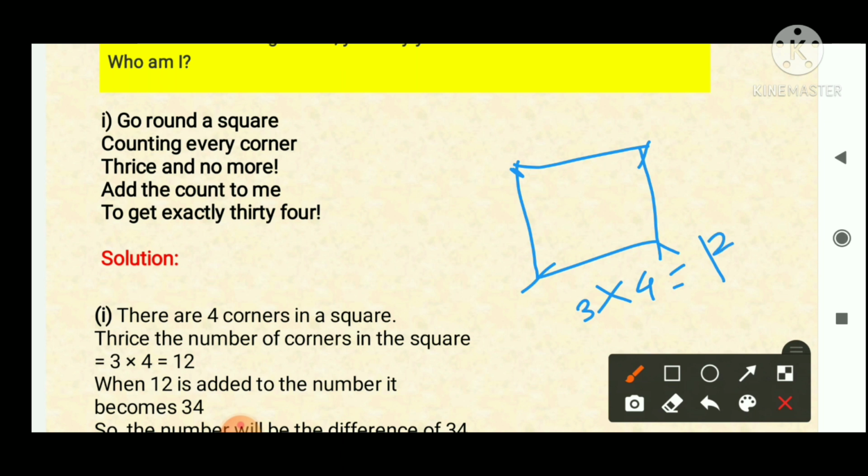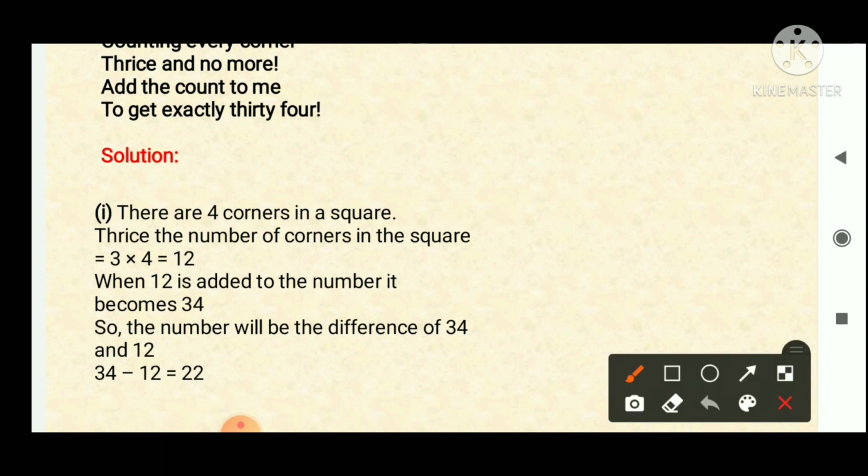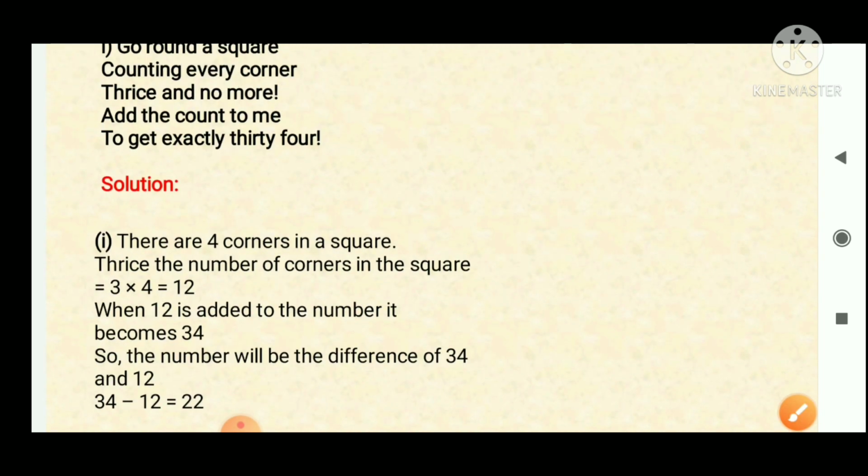When 12 is added to the number, it becomes 34, which means we have to find that number. So the number will be the difference of 34 and 12. By subtracting 12 from 34, we get 22. So the answer of this riddle is 22.